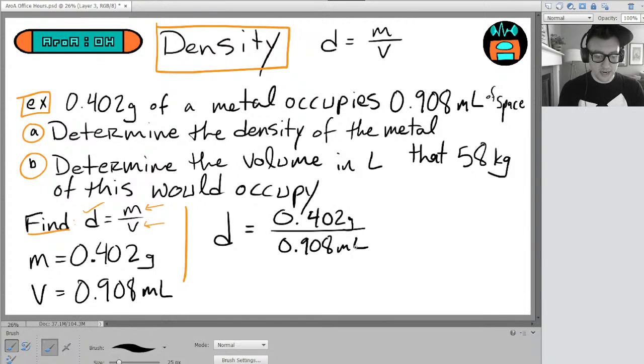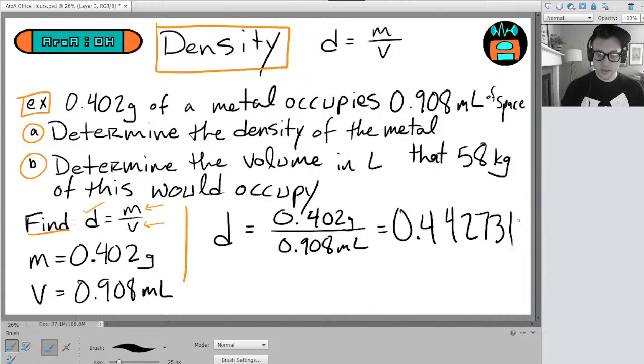So now it's time to bust out our calculators. 0.402 divided by 0.908 comes out to be, my calculator is telling me, 0.4427312. The number keeps going, but we don't have to.